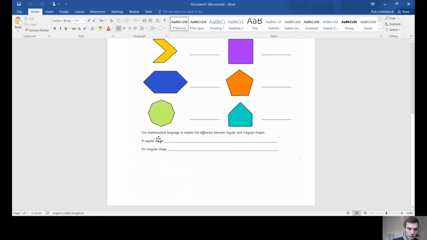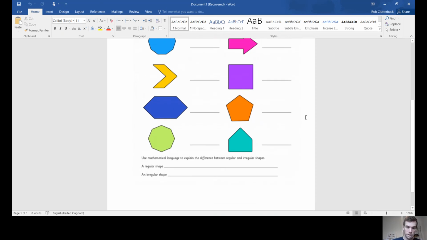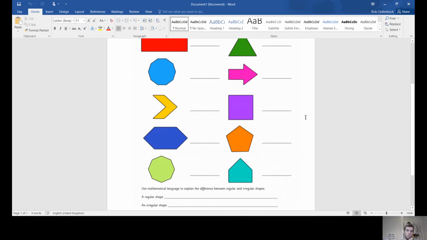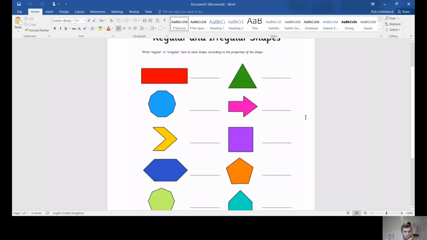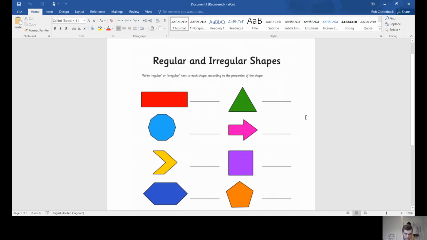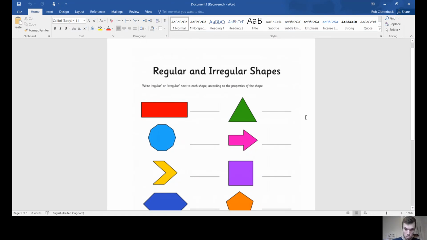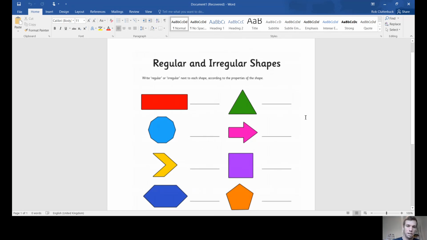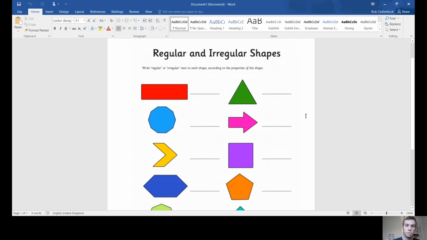And then down at the bottom, you need to use mathematical language to explain the difference between regular and irregular shapes. So, using mathematical language, we don't just want you to write same or different. We would like to hear words like sides or vertices. Words like equal, those are brilliant math words, and I think you can all use them.